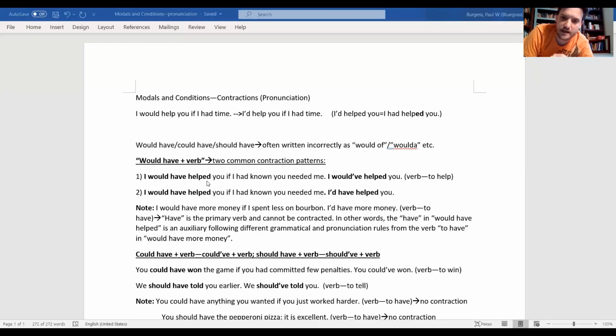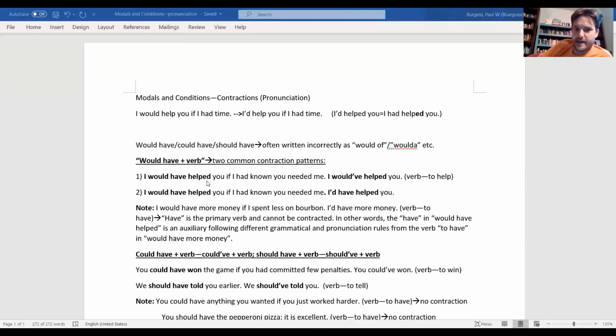So in something like I would have helped you, it's like I would have helped you, like the drum. It's not that I'm actually speaking really fast. No, it's I'd have helped you. I would have helped you. I'd have helped you. Notice even when I slow it down, I'm still not saying have. Why not? Because have is the auxiliary here, not the primary verb.